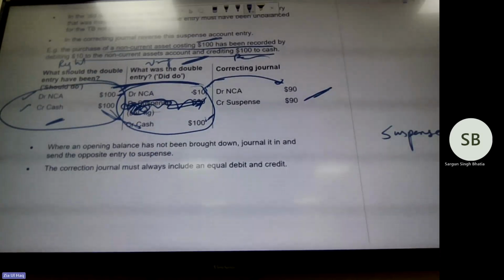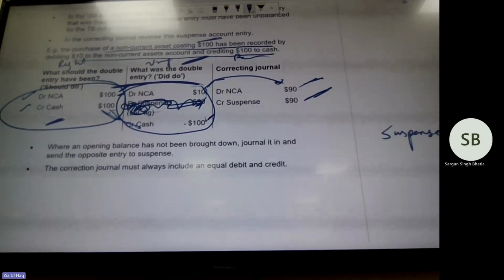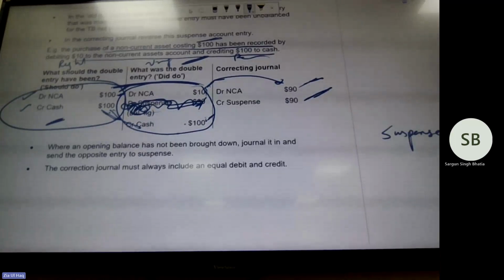So how can we rectify? By debiting the non-current asset with 90 more. Is there any issue with cash? No, this is recorded correctly. It should have been on the credit side 100 and it is on the credit side 100. So do nothing with this. So what should we record in the credit? We should record the suspense account.